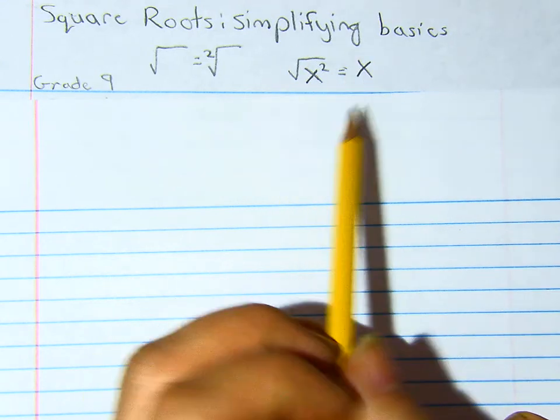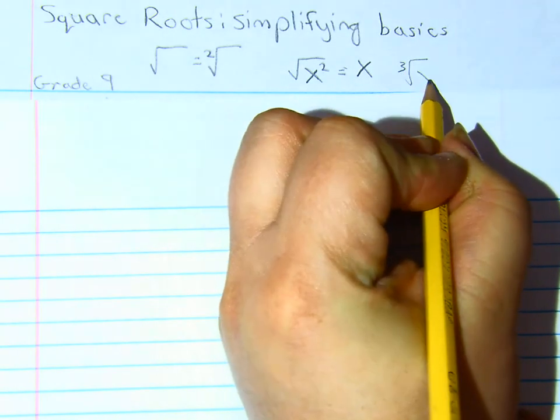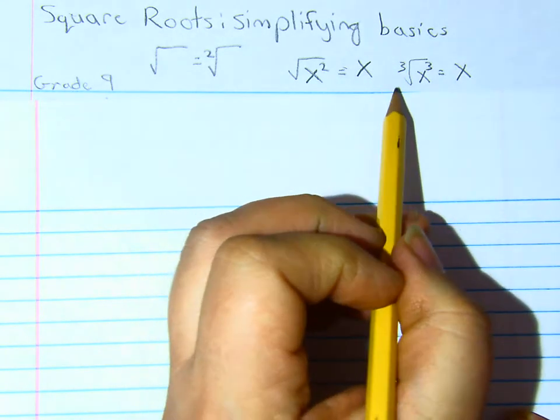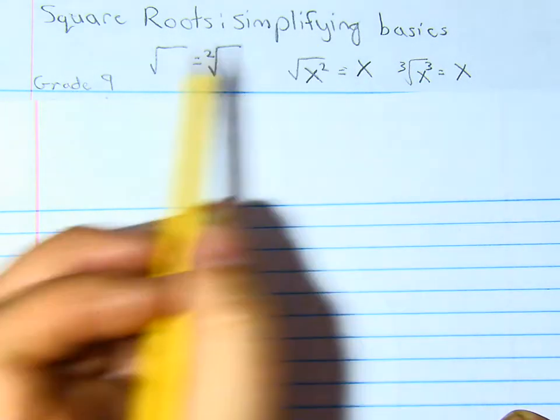And so it doesn't matter if you have a cube root and an x to the third, then it is x. And if you keep this in mind, this is going to be the foundation to simplifying square roots.